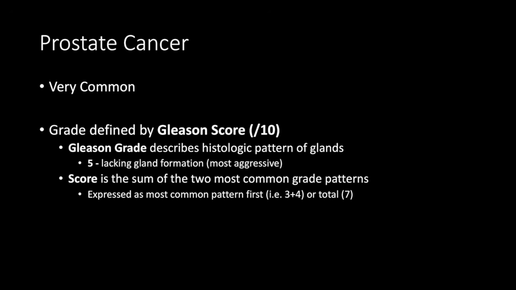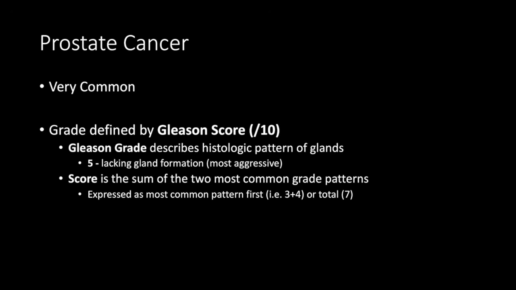And an important concept for prostate cancer is the most common tumor grading system that we call the Gleason score. This is a score based on the microscopic appearance of the glands in the tumor, where 5 is the most aggressive or highest score. And the overall Gleason score is the sum of the two most common grade patterns, expressed as the most common pattern first.